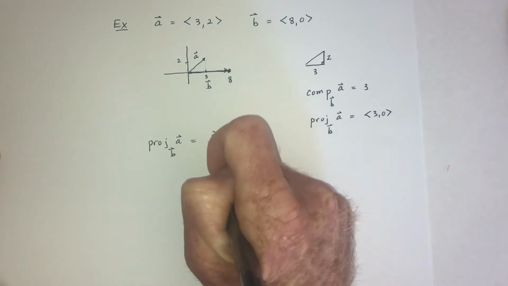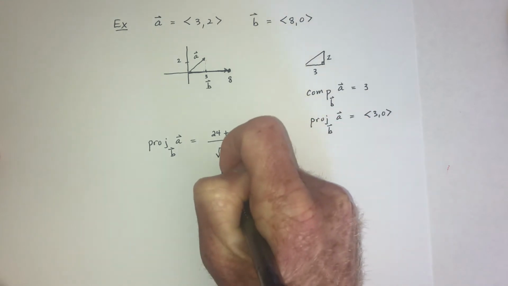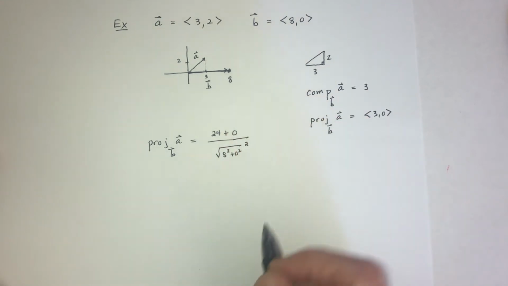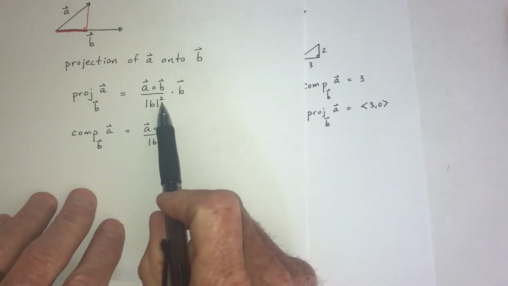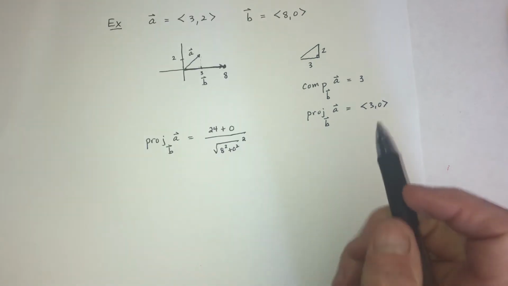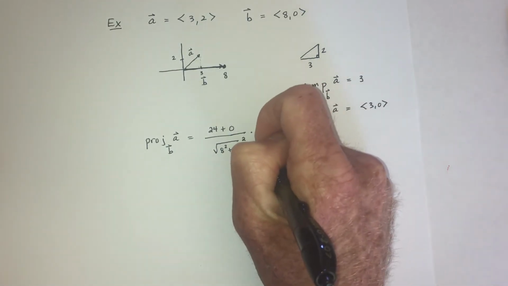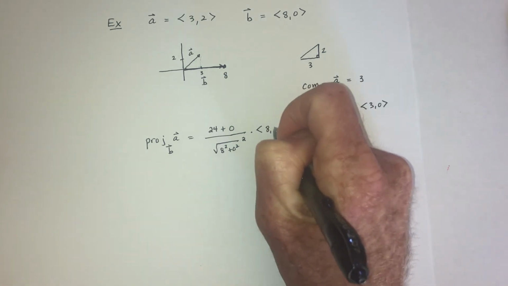So find the length of B and square it. So that would be 8 squared plus 0 squared that goes inside the radical. And then the formula also has that you have to square that length. And then multiply that by B. So 8, 0.